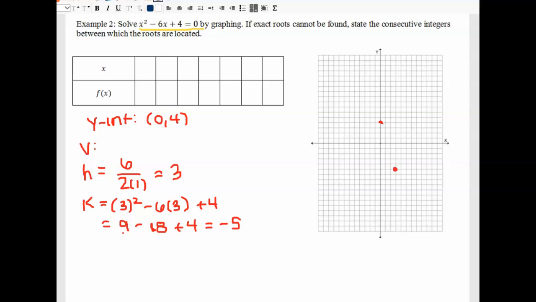Okay, so I can already look at those 2 points I plotted and know that somewhere between 0 and 3, I'm going to have a root.